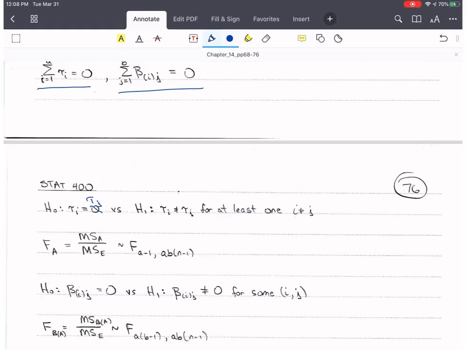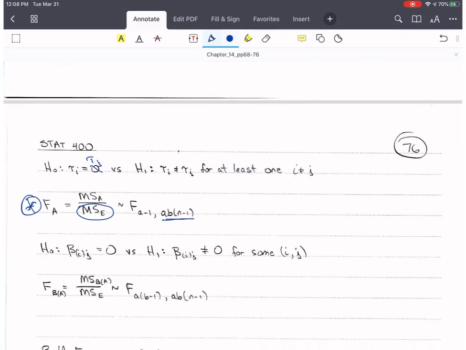Our test statistic, the same that we've seen in the previous ANOVA table, MSA divided by, it's different. It's going to be MSA divided by MSE. And so our degrees of freedom in the numerator change. So completely different for the fully fixed effects. And then this one stays the same.